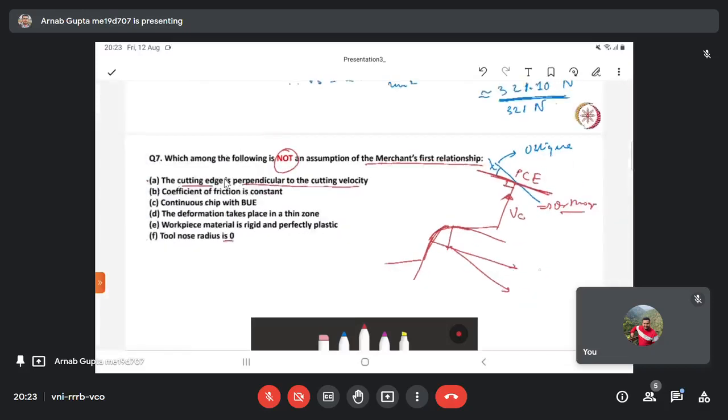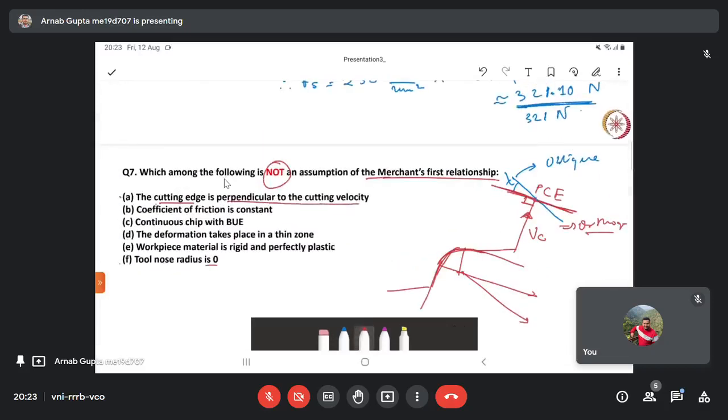Originally, the chip should have been in this direction. Sorry, but due to this finite value of nose radius and also this cutting edge angle, this is also changing, right? So at this point, you have an angle equal to this much. At this point, the angle is this much. It has changed from here to here.